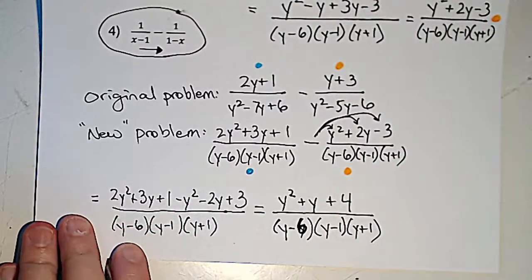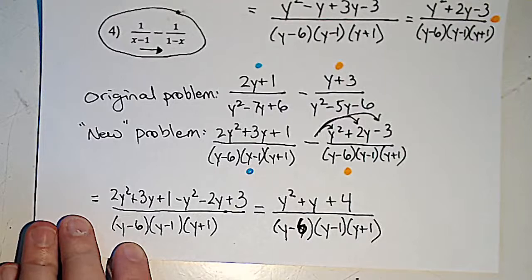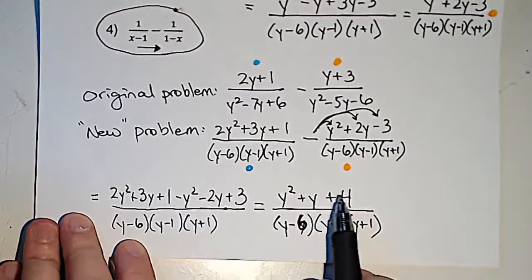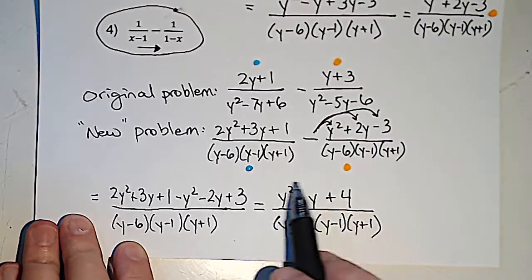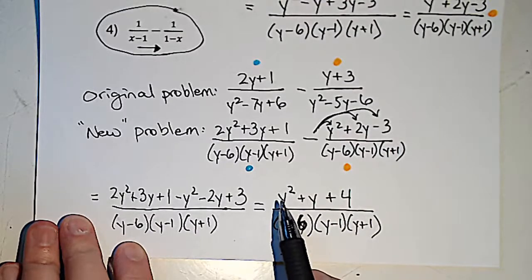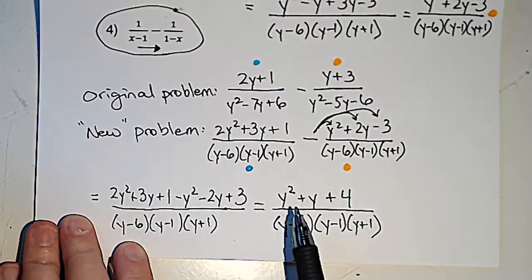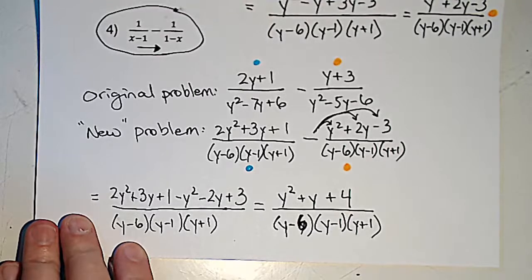Now, what's the bad news? The bad news is that there's one more step. And that step is that you need to check to see if what you get can be factored. If it can, you need to factor it to see if you can cancel anything. Unfortunately, even if you do this very carefully and you find the perfect LCD, sometimes it still needs to be reduced.